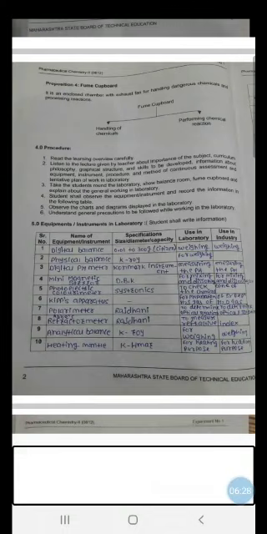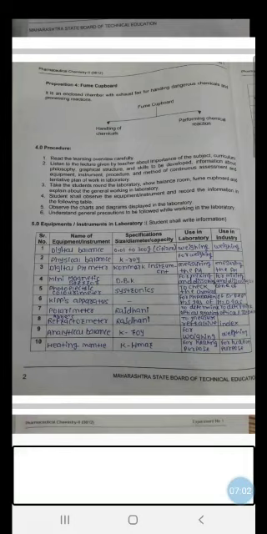Then the third, digital pH meter, manufactured by Konark Instruments, used for measuring the pH of solutions. Then the fourth is a mini magnetic stirrer, used for mixing or dissolution. Then photoelectric colorimeter, manufactured by Sistronics, used to check the concentration of the solute in a solution.